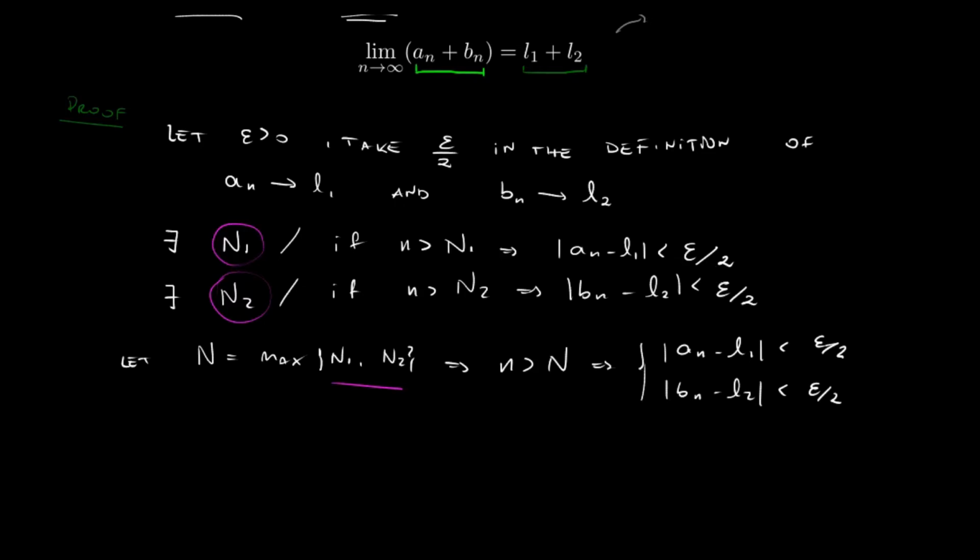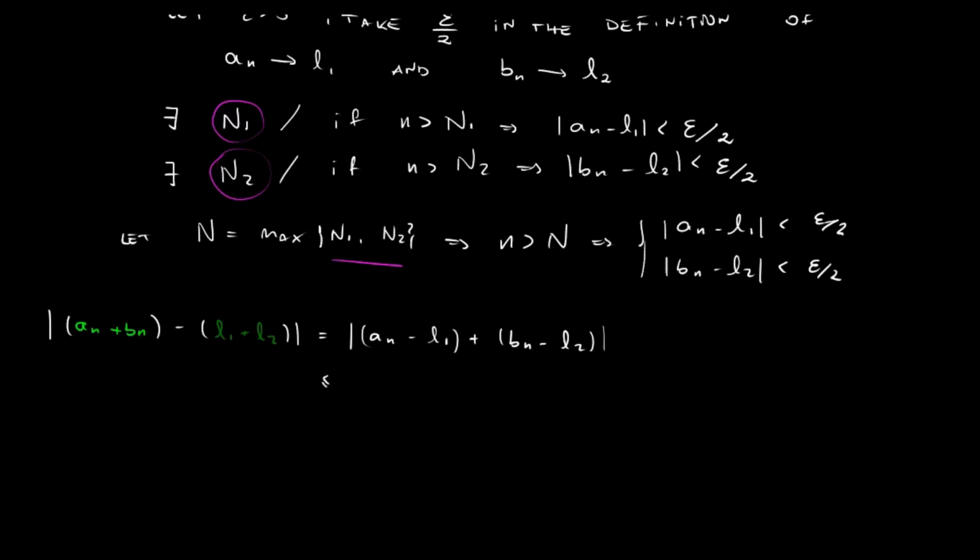In this case, we have the absolute value of a sub n plus b sub n, and we'll subtract the limit L1 plus L2. We can rewrite this as the absolute value of a sub n minus L1 plus b sub n minus L2.